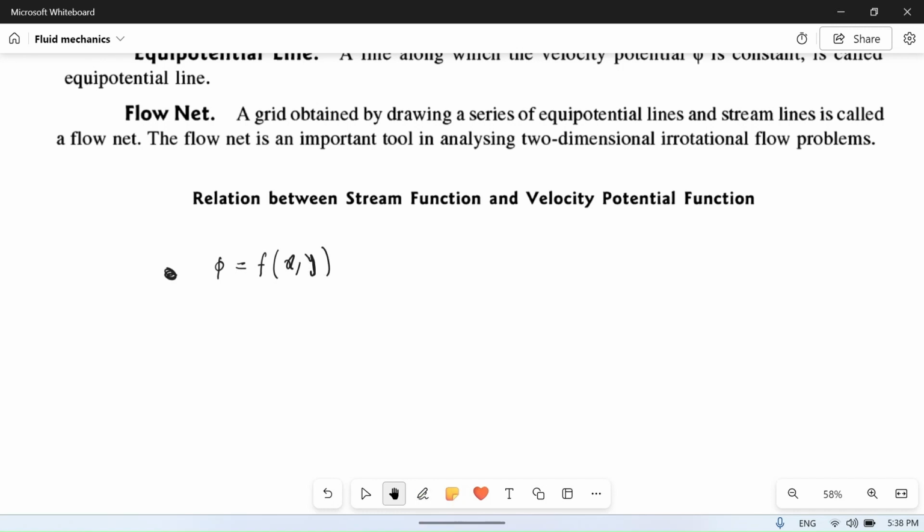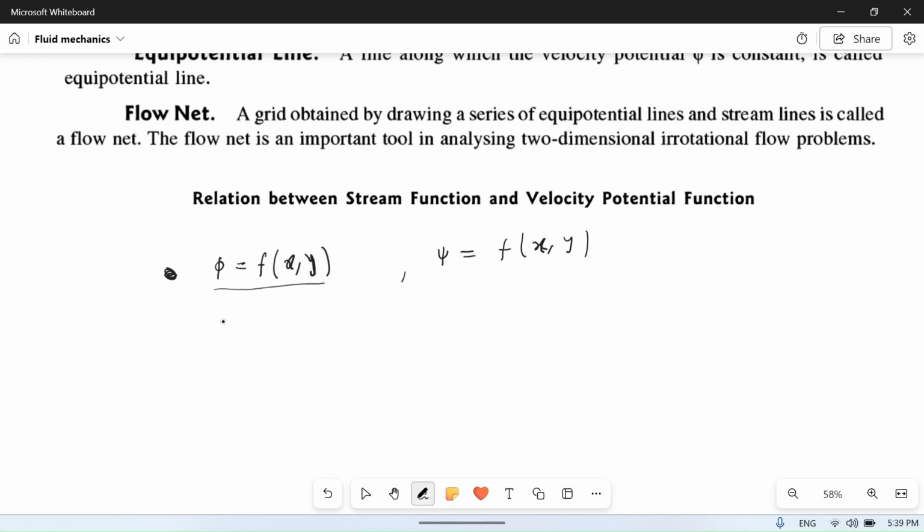It is also a function of time, but we are considering a steady flow so we will neglect time because it will be constant. It is defined in three dimensions, but a stream function is defined in two dimensions, so we will also write it in two dimensions. Psi is the stream function, phi is the potential function, and both are functions of x and y.